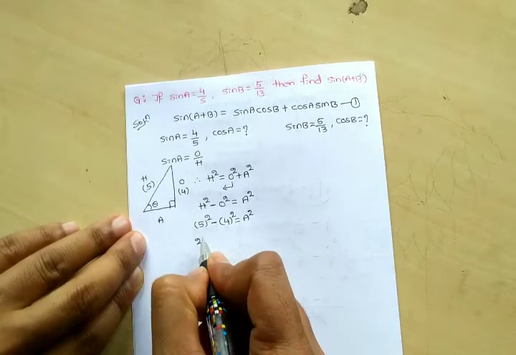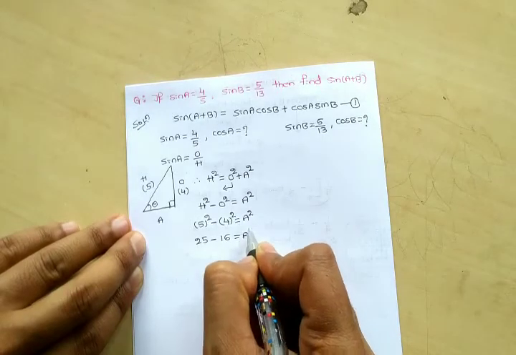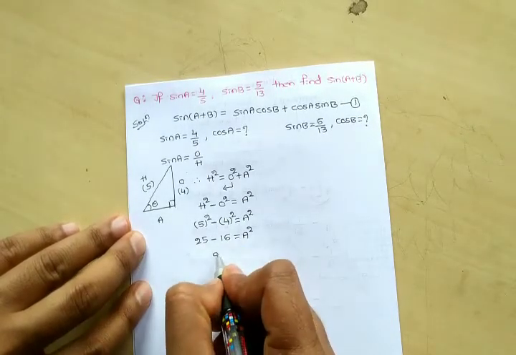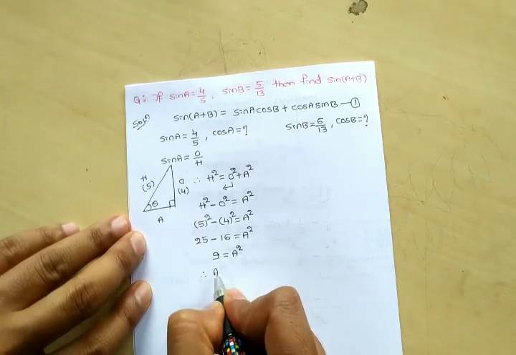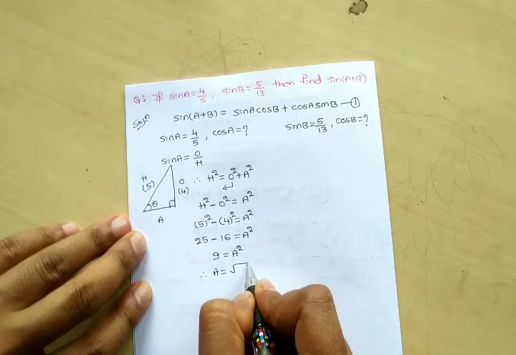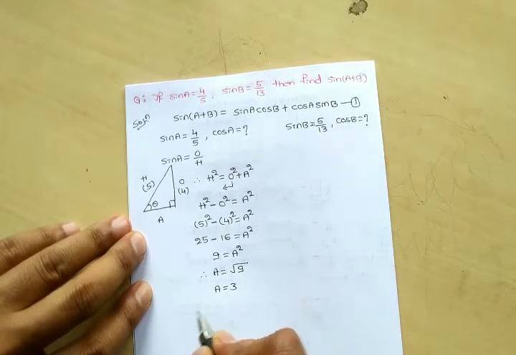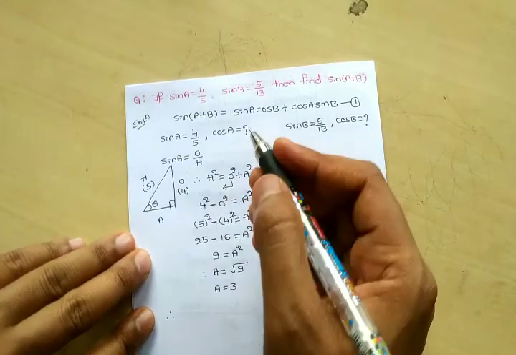So it is 25 minus 16 is equal to A square. 25 minus 16 is 9, equal to A square. Therefore you need only A value, that is the square root of 9. Therefore adjacent side value is 3, correct?